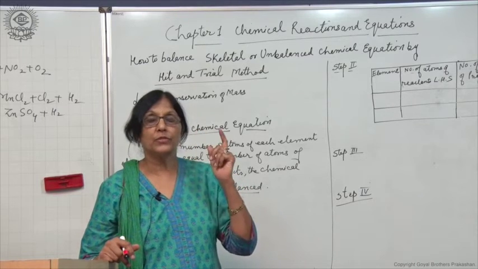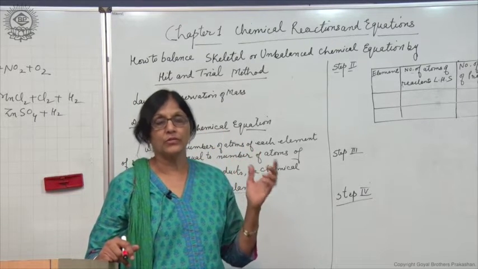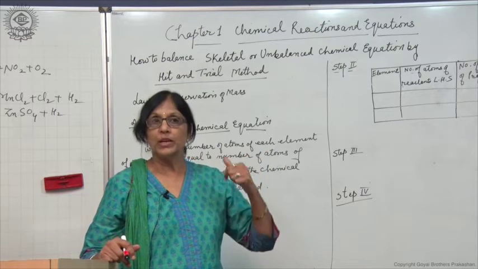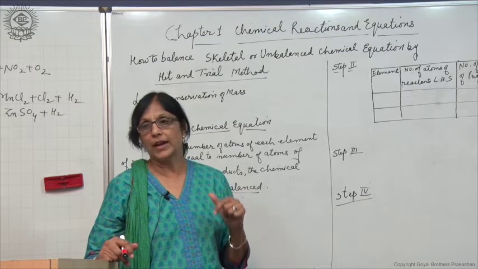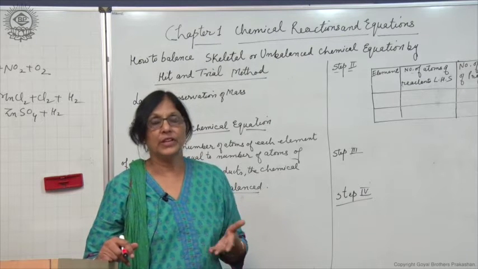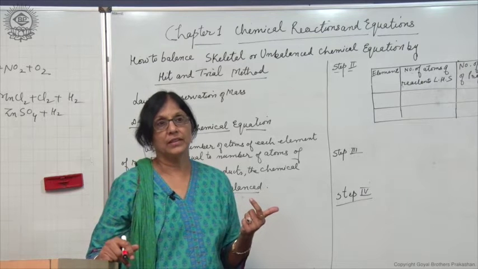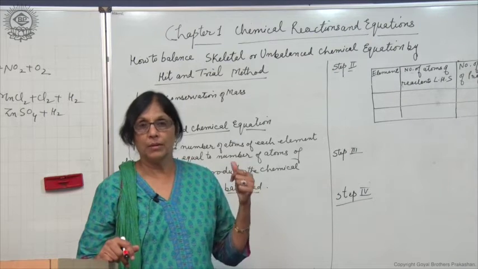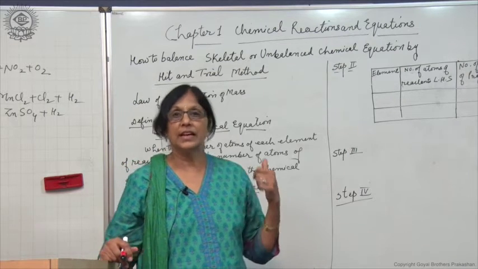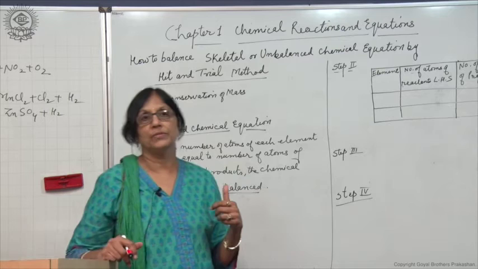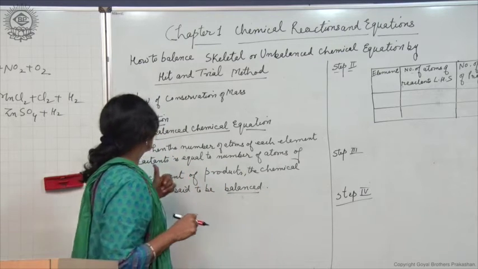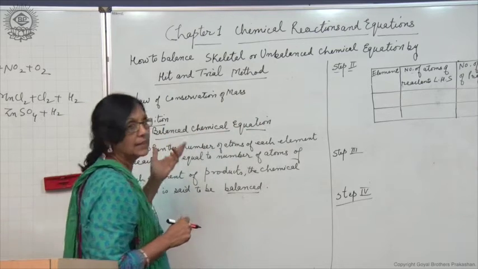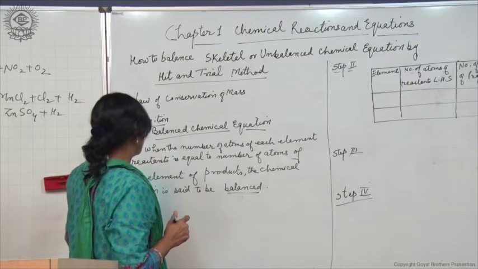That total mass of atoms of each element in the reactants should be equal to the total mass of atoms of each element on the product side, or we can say the total number of atoms of each element in the reactant side should be equal to the total number of atoms of each element in the product side.